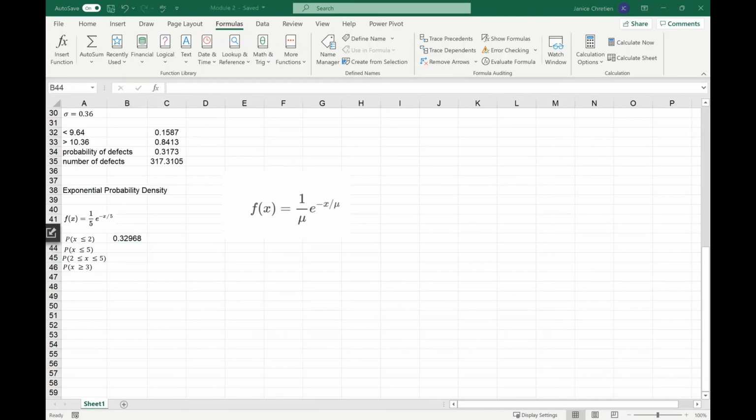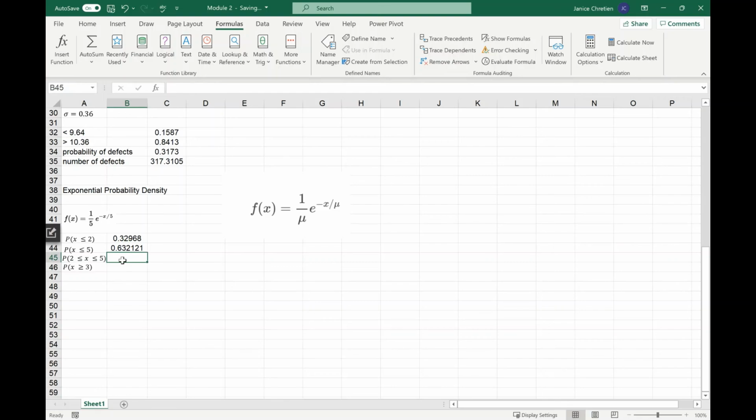Okay, so I'll work that same formula again here. So it's 1 minus exp, negative 5 divided by the mean, which is 5. Again, I didn't put my equals. Bad habit I have.